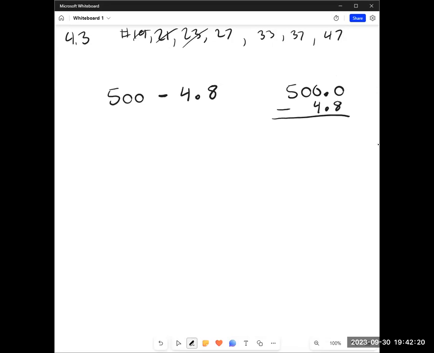So we're going to borrow 1 from 500 to make 499. And that 1 becomes 10/10. 10 minus 8 is 2. 9 minus 4 is 5. 9 minus 0 is 9. 4 minus 0 is 4. We end up with 495 and 2/10.